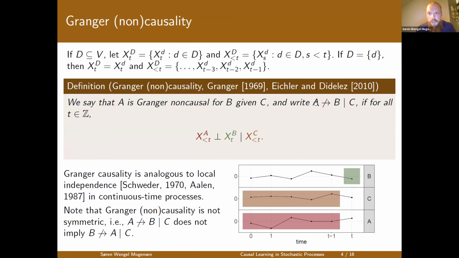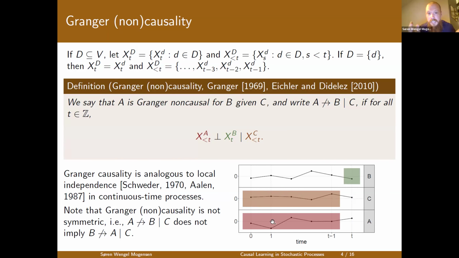So I'll expand on this. I'm looking at X_B at time t, so that's the green part, and I'm asking if I condition on the past of C, so that's the yellowish part, do I get any more information from also having the past of processes A?